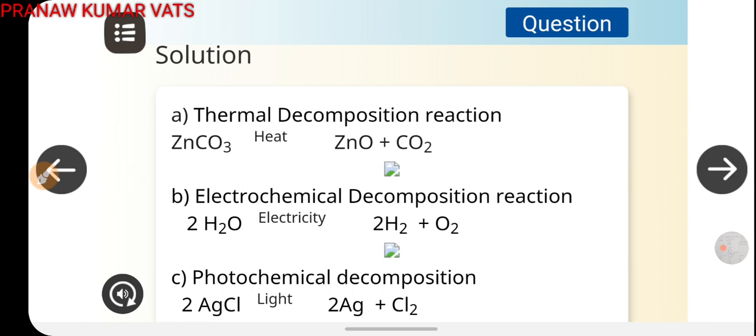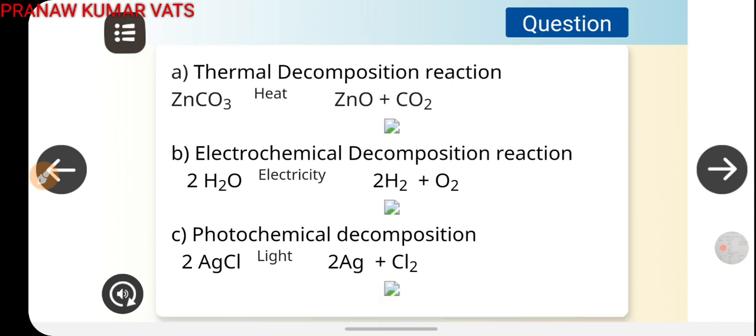Second, electrolytic decomposition reaction: when H2O undergoes dissociation in the presence of electricity, it gives hydrogen gas and oxygen gas. Photochemical decomposition reaction: when silver chloride undergoes decomposition in the presence of light, it gives 2Ag plus Cl2.